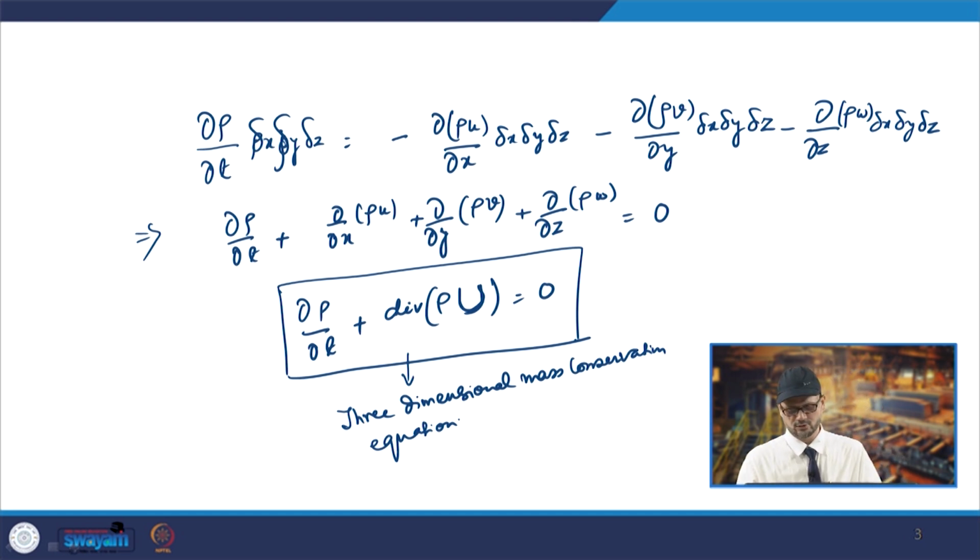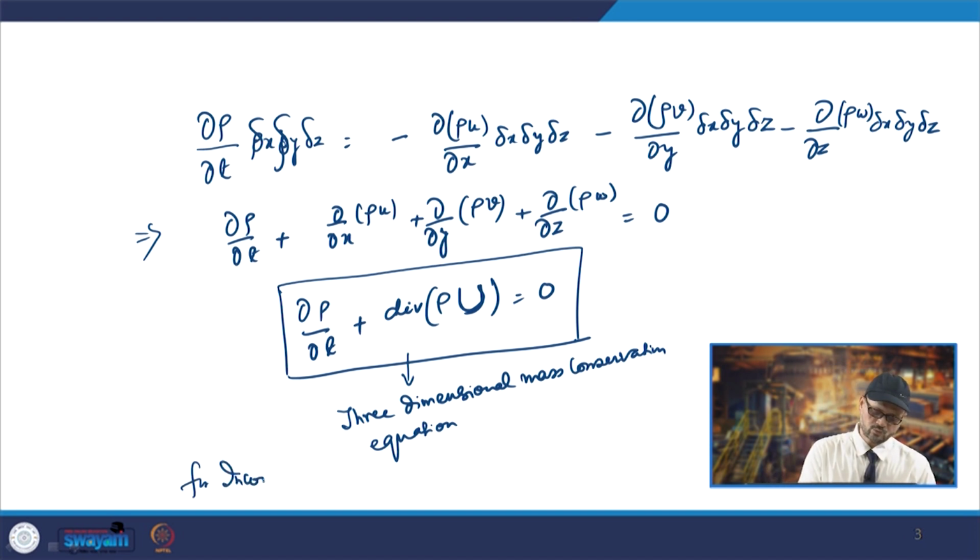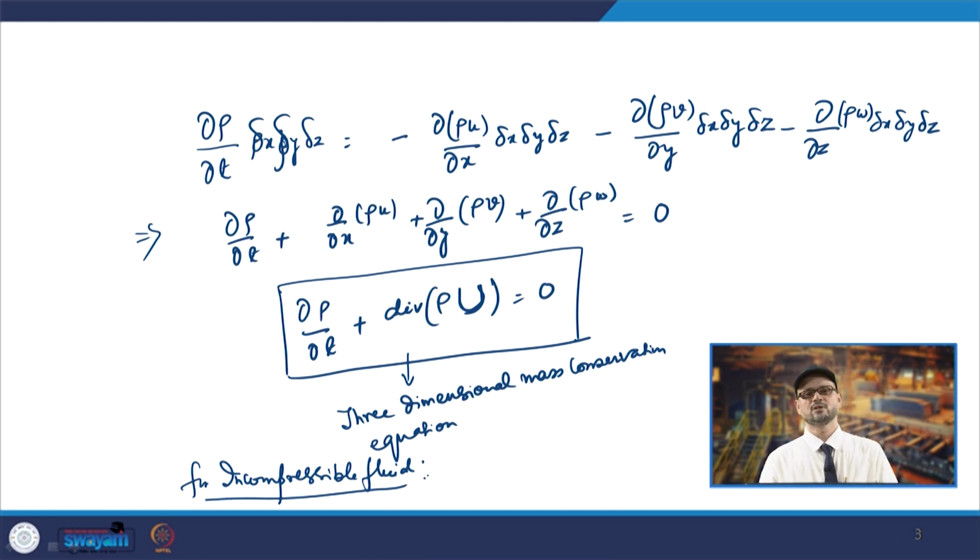However, if you have an incompressible fluid where density does not vary, in that case ρ will be constant. When we talk about fluid flow like water or steel, they are incompressible in nature.